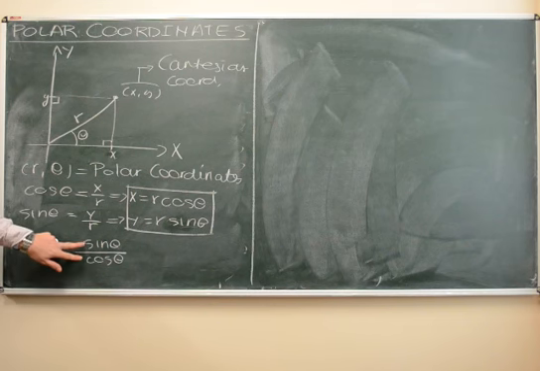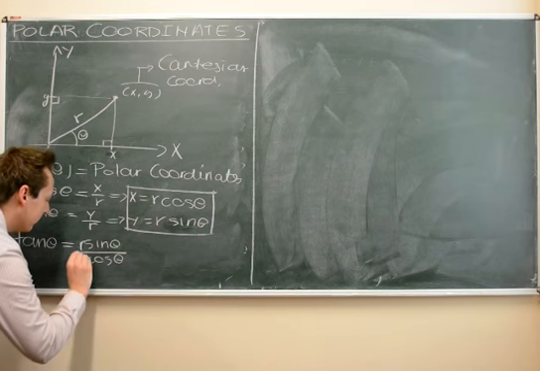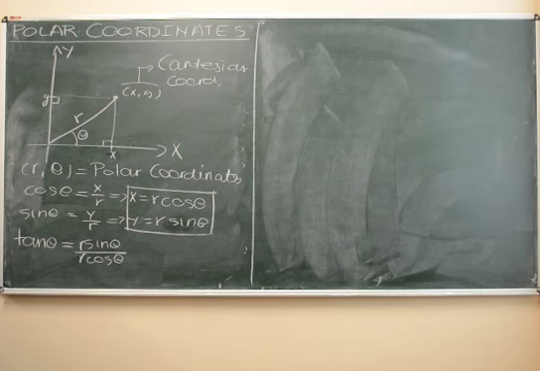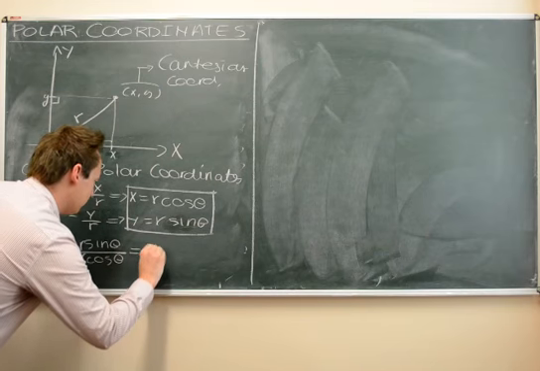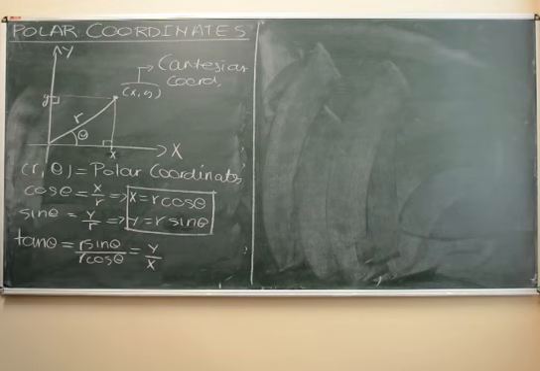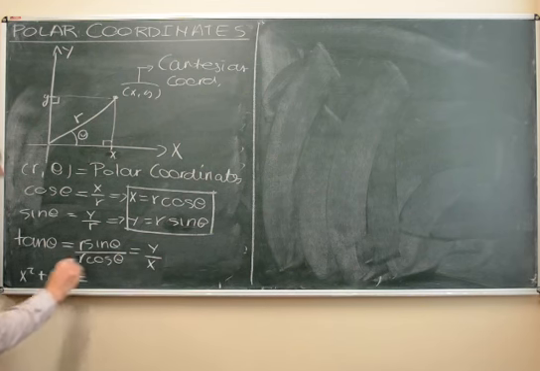So we can multiply top and bottom with r. So we get r sine theta over r cos theta. So that gives us y over x. And the last very important formula: what's x squared plus y squared?